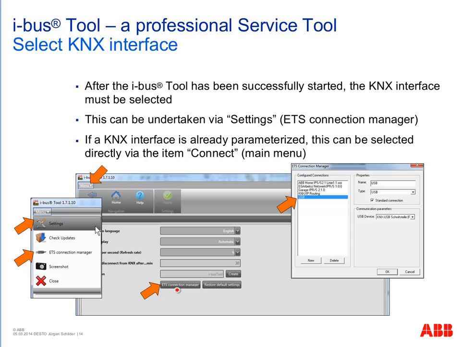When you still have the ETS installed on the same laptop or PC, the window pops up with the ETS Connection Manager, and then you can see all available ETS connections you still have inside the ETS. So you can use USB or IP routing, or IP tunneling, whatever you have used inside your ETS. When you have no ETS on your laptop, then you have to configure a new USB or IP connection.